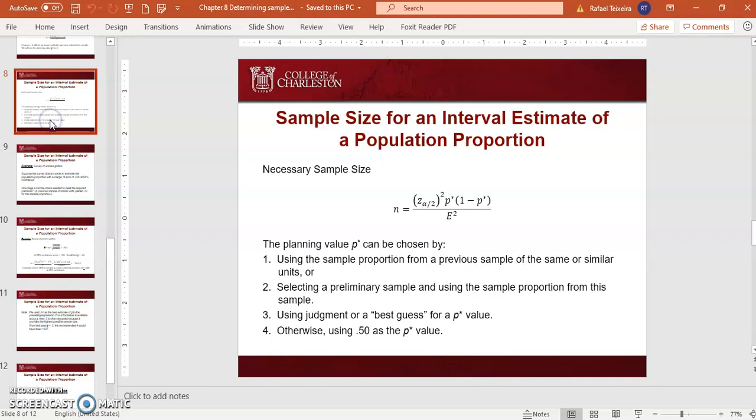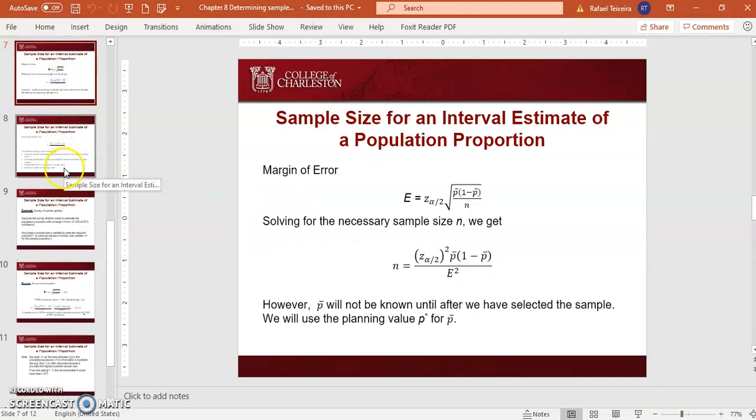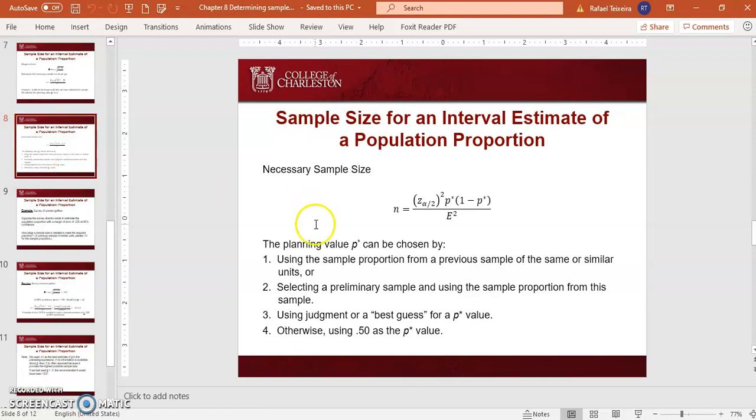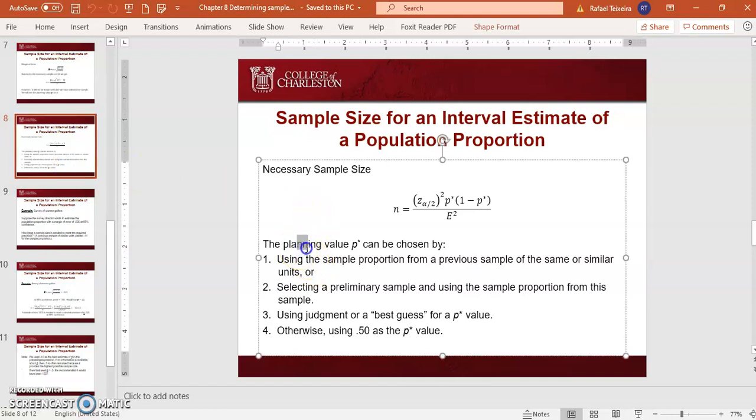And similar to the other case, if we don't know the population proportion, what we can do is plan using a planning value based on the sample proportion from previous studies or similar units, selecting a preliminary sample and using the proportion from this sample, using judgment or best guess, or simply using 0.5 as the proportion.